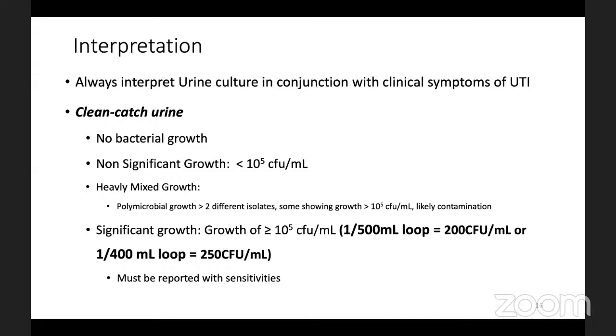A growth which is not significant, that is a growth less than 10 to the power 5 colony forming units per mil. So when you come to the bench and then you see that your growth is less than 10 to the power 5 colony forming units per mil, you say it is not significant. Sometimes you can get polymicrobial growth, 2 or more isolates, and some of them are significant all over.